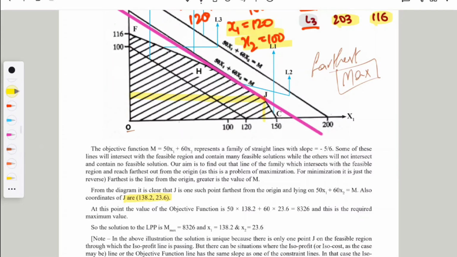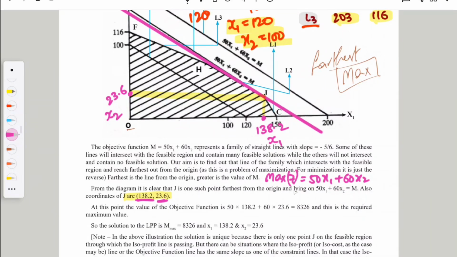The thing is that in the solution they have already given us the value of J, which is 138.2 on the x-axis, and on the y-axis it was 23.6. Now this was the value of x1 and this was the value of x2, which was our solution. The objective function was to maximize z is equal to 50x1 plus 60x2.